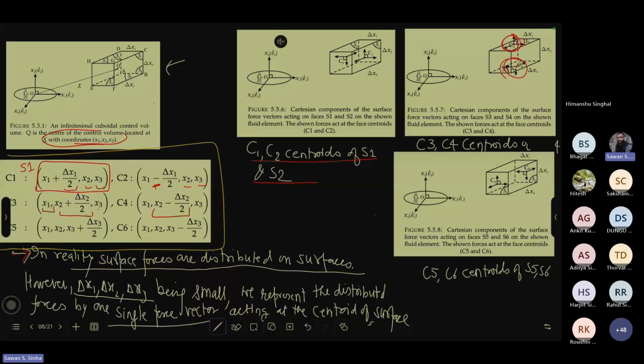Finally, C5 and C6 have the first two coordinates the same as the centroid of the control volume. It's only the third coordinate which is different, and that difference is highlighted here: plus delta x3 by 2 for C5 and minus delta x3 by 2 for the sixth surface.